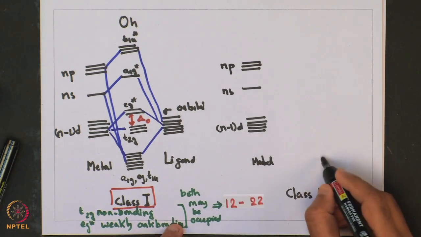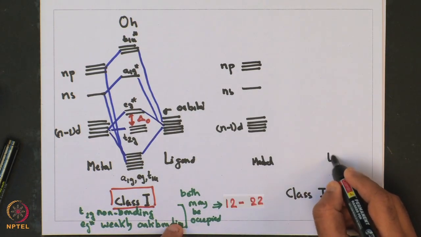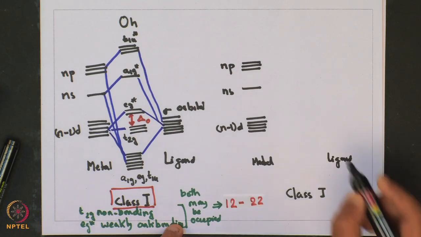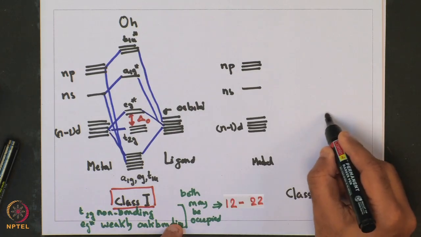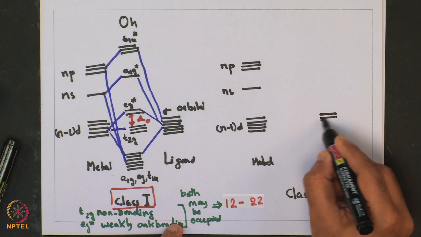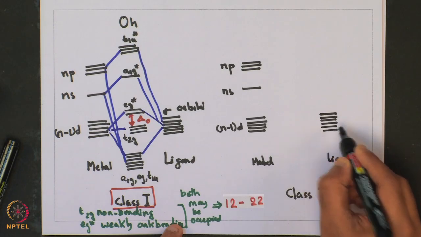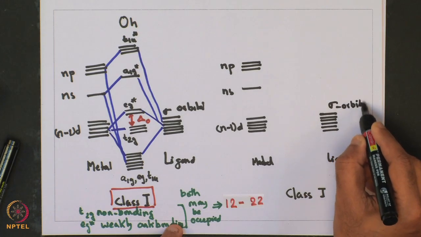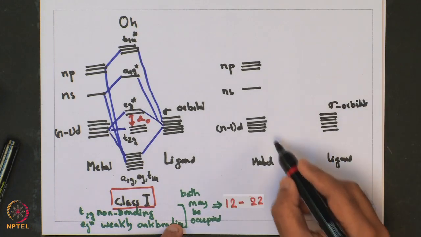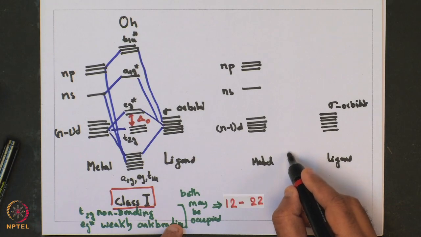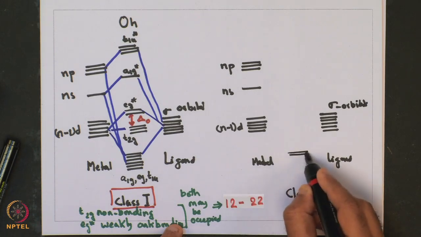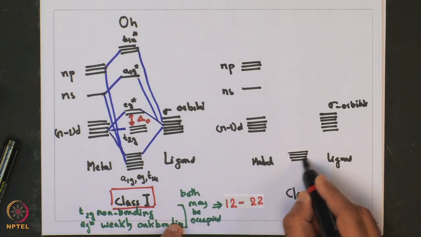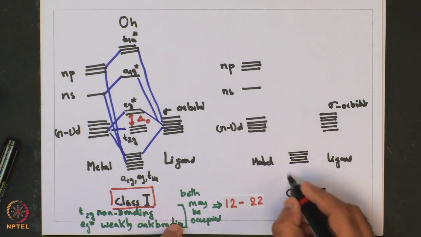In this case also it interacts with 6 sigma orbitals of the ligands, giving 6 bonding orbitals.